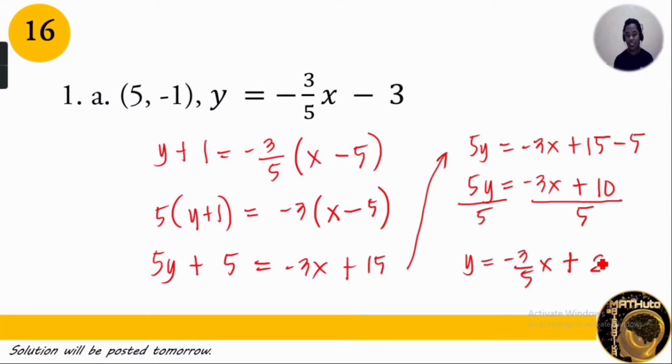Therefore, our equation in slope-intercept form of the line, which is parallel to y is equal to negative 3 over 5x minus 3 and passes through the point (5, negative 1), is y is equal to negative 3 over 5x plus 2.